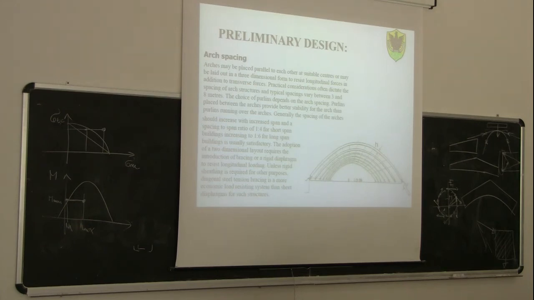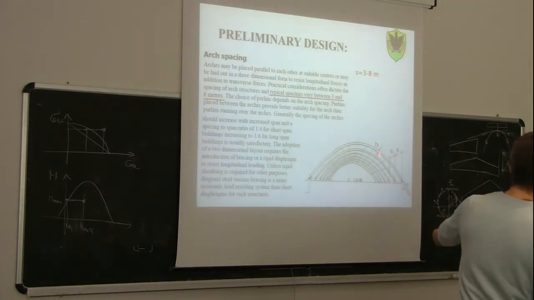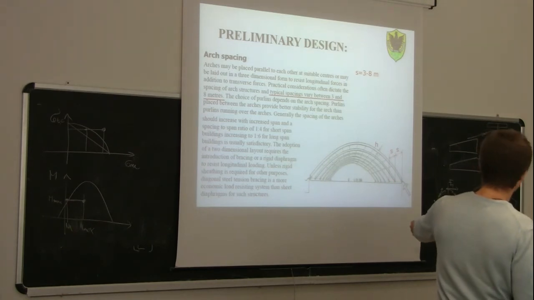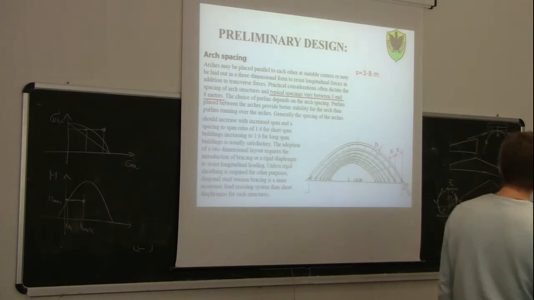Now, in terms of preliminary design, some advice. I mean, these arches are very much used for sports halls, I would say. So some advice on preliminary design: the space between the arches should vary between 3 and 8 meters usually.